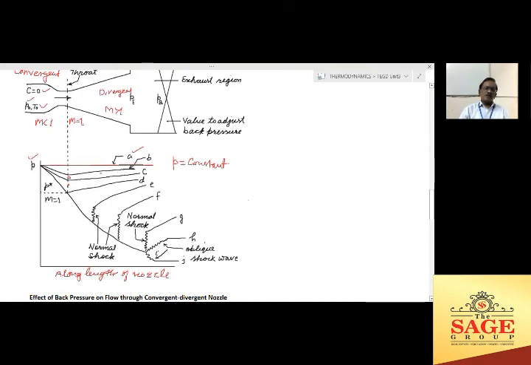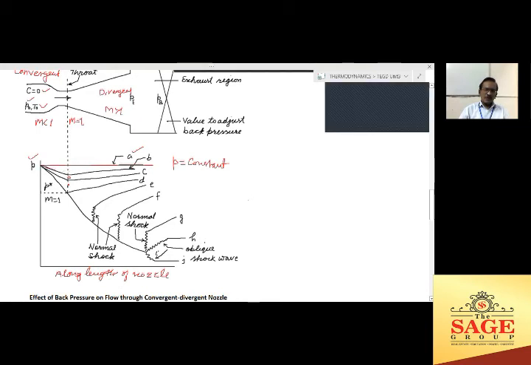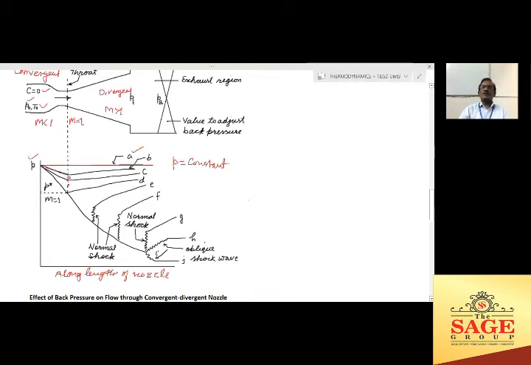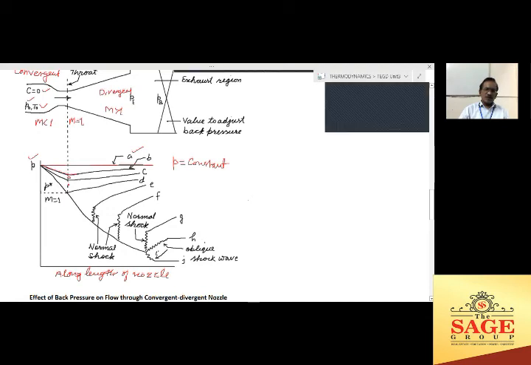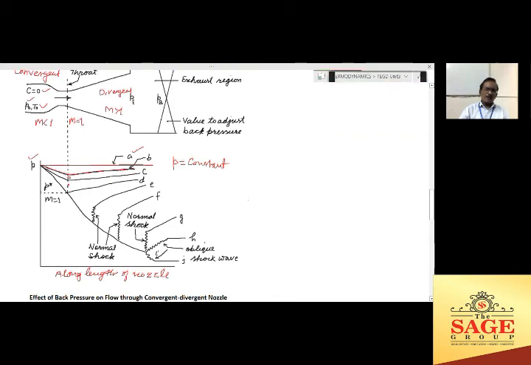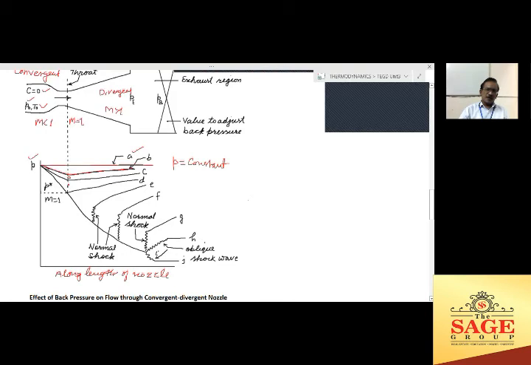Okay, now see this curve B. So when we are further reducing the pressure, or we can say the back pressure, definitely it will follow this curve B. So in the convergent portion, we are seeing pressure is decreasing.